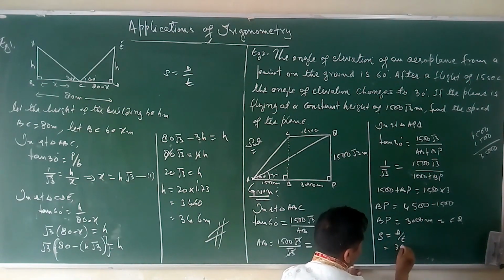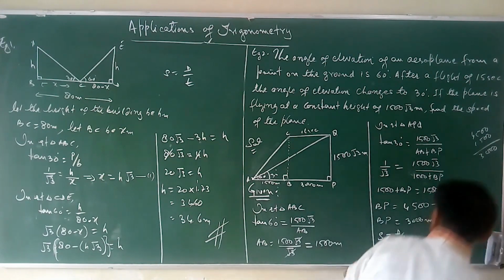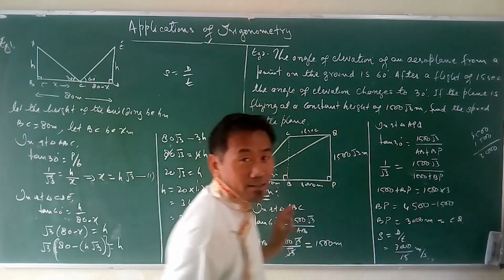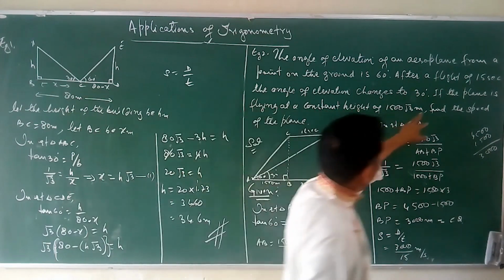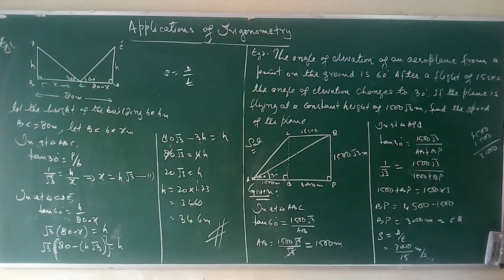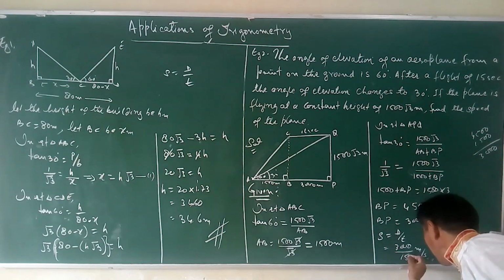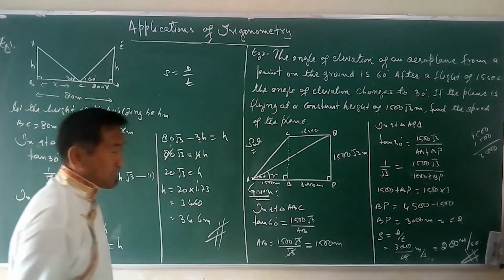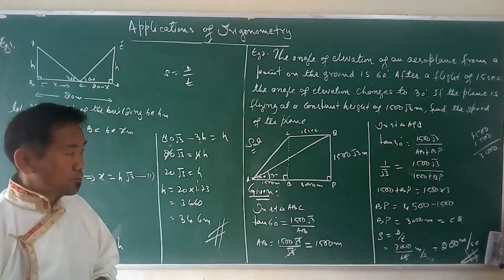The distance is 3,000 meters divided by the time of 15 seconds, in meters per second. 3,000 divided by 15 is 200. So the speed of the plane is 200 meters per second.